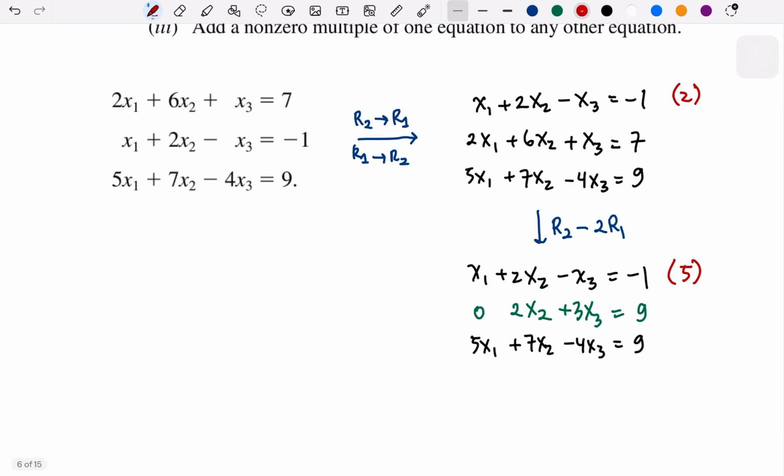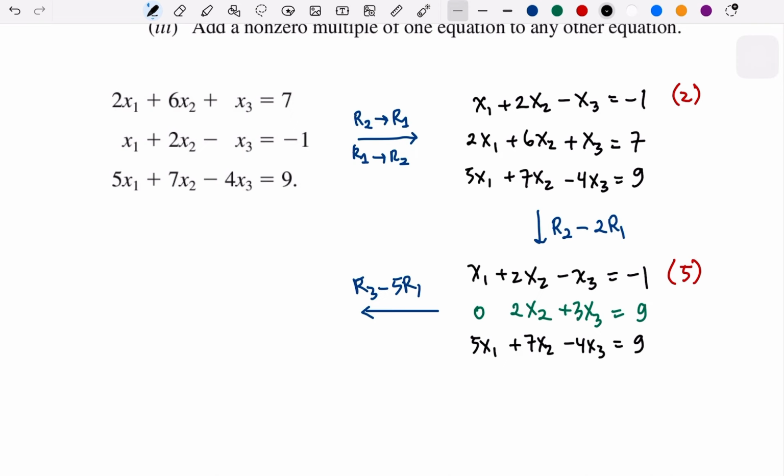So the first one's still the same. So let me write here that the R, oh, should be blue, sorry. So this will be R3 minus 5R1.